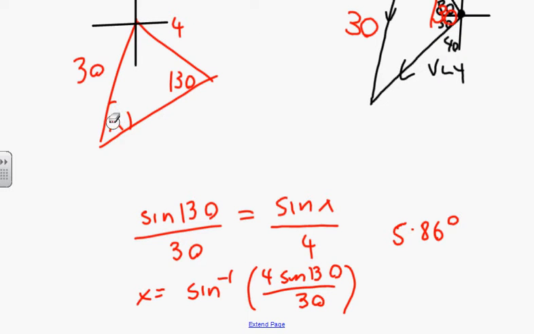Now if that's 5.86, what does it make the top angle? Add them up and take it away from 180. About 44.14.